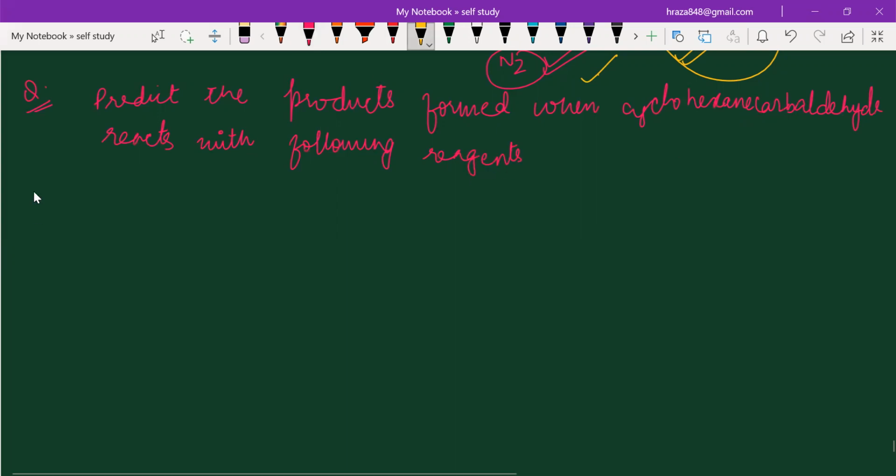So first you are going to react cyclohexane carbaldehyde with PhMgBr, and then hydrolysis, that is H3O positive.